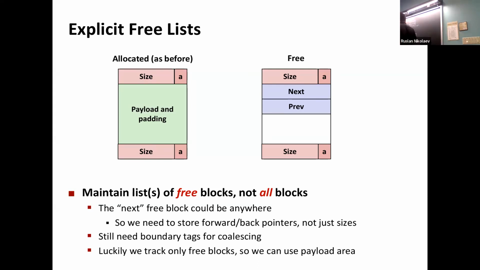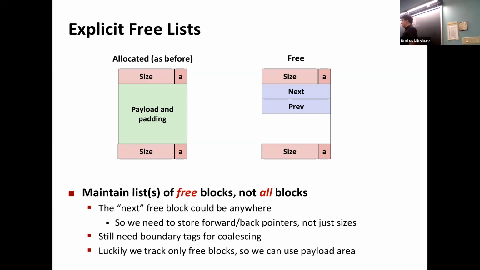Now you want to keep these as previous and next. Remember that the free block doesn't care what was before that. The free block can erase the payload. Once the block is free, you no longer need the payload area, so you recycle that area for the previous and next pointers. Does it make sense? Okay.